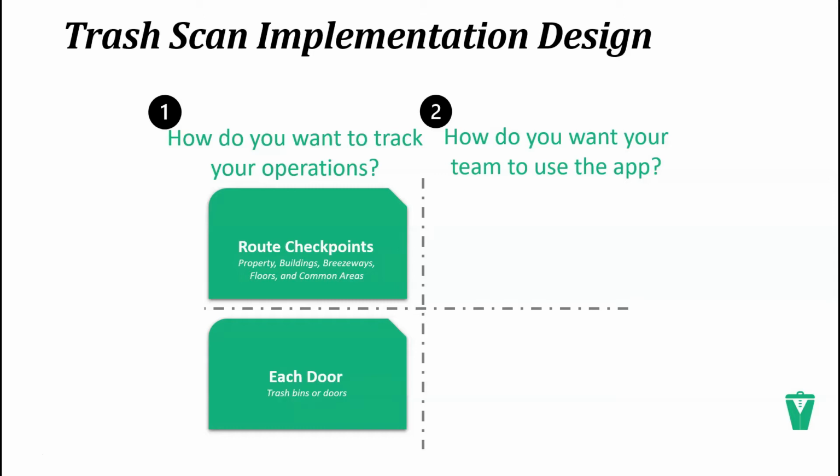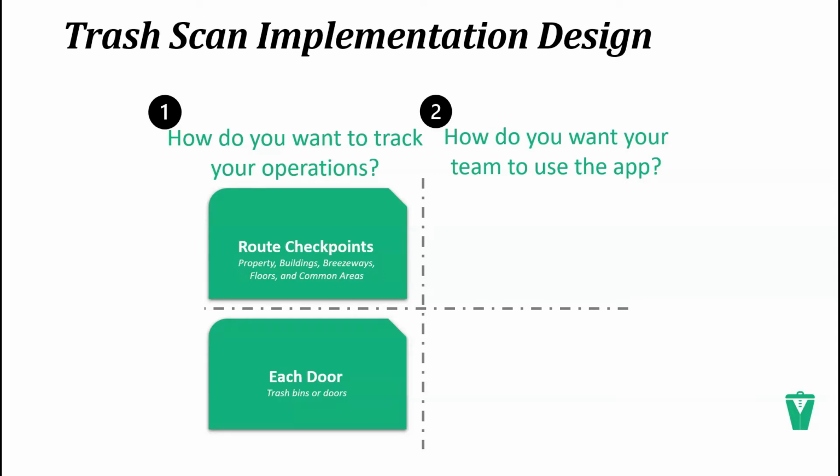TrashCan supports the setup of properties where a bin tag is installed in a location within the building, breezeway, or floor to verify to your property managers that your team serviced each location expected. This approach is our recommended approach for implementation on existing properties.